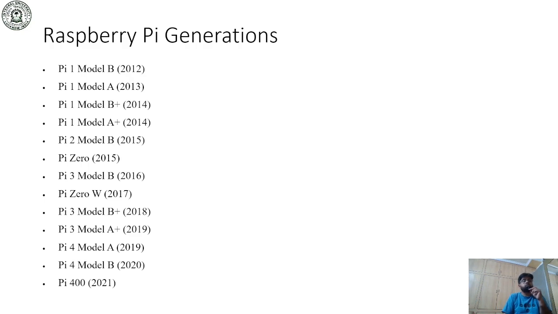Here I will use Raspberry Pi 3 model B plus, which was introduced in 2018, because I think this model has enough capability to perform the operations and to design small projects also. So in the coming videos I will use the Pi 3 model B plus for the experiments.